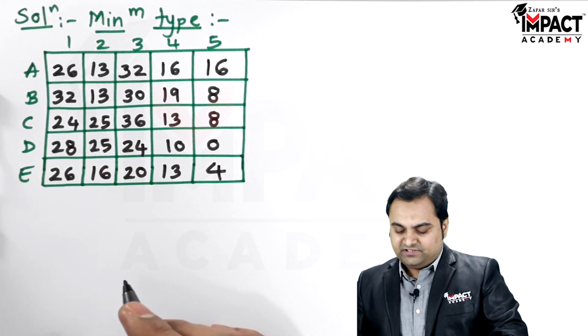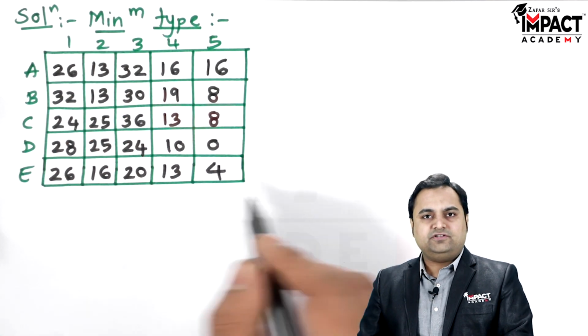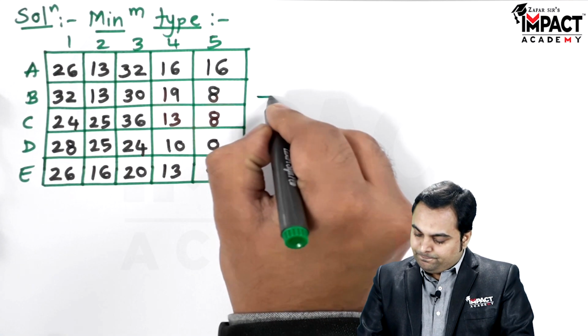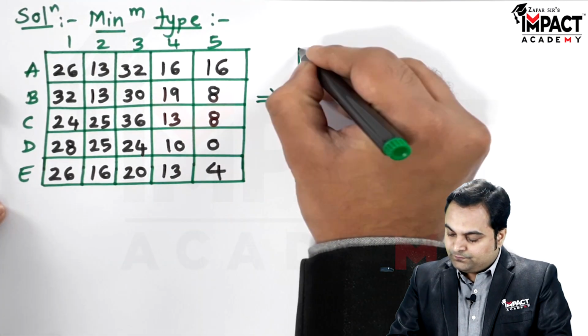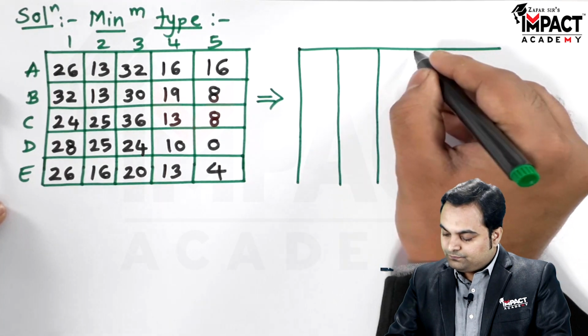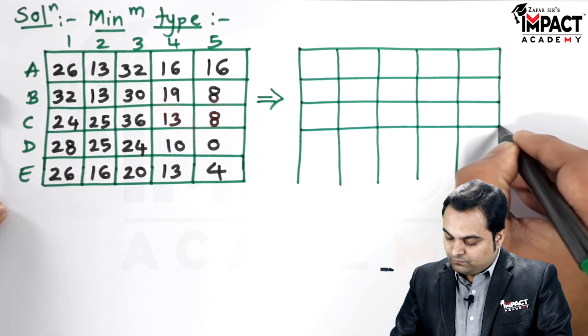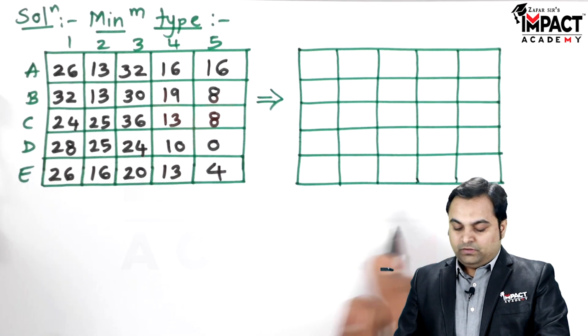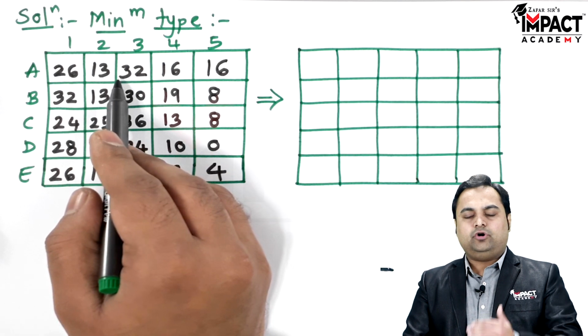Now the next step in this is we have to get 0 in each of the rows and each of the columns. For that we have to draw the matrix again. Now looking into the first row, select the least element or the minimum element.